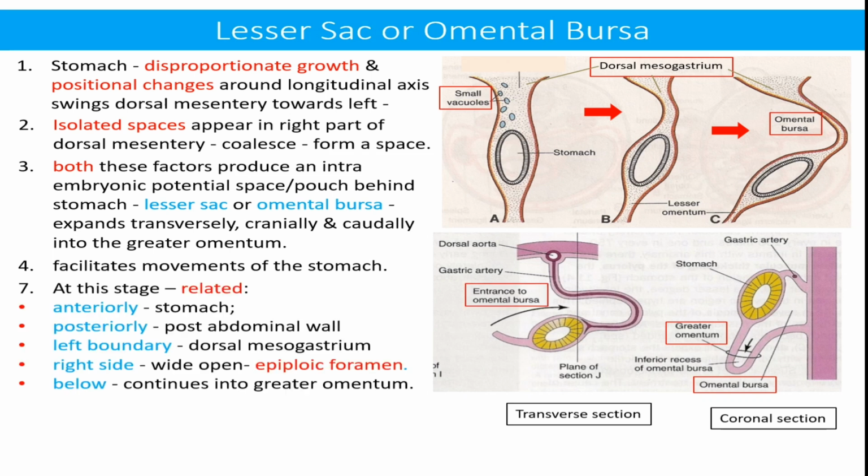At this stage, the lesser sac or omental bursa is related to the stomach anteriorly and the posterior abdominal wall posteriorly. The dorsal mesogastrium forms the left boundary, whereas on the right side it remains wide open, which is named the epiploic foramen. Below, the lesser sac continues into the greater omentum.